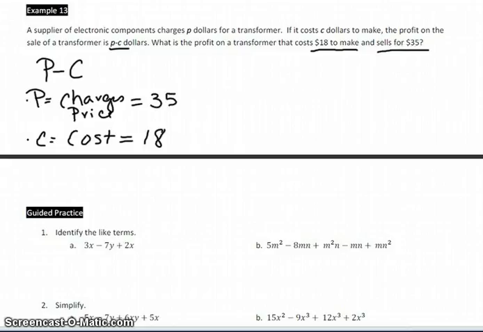Now I have my variables and the values identified, so I simply substitute them in, and I get 35 minus 18, follow my order of operations, and I get $17. He is going to earn a $17 profit on this example.